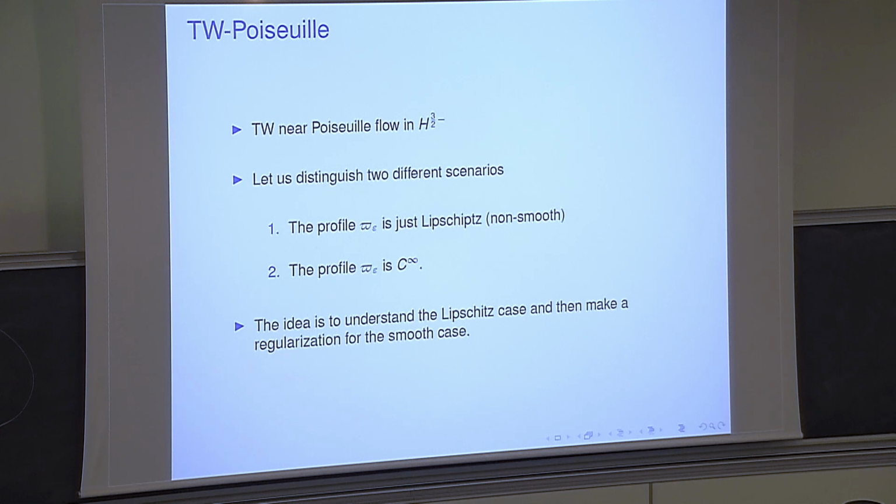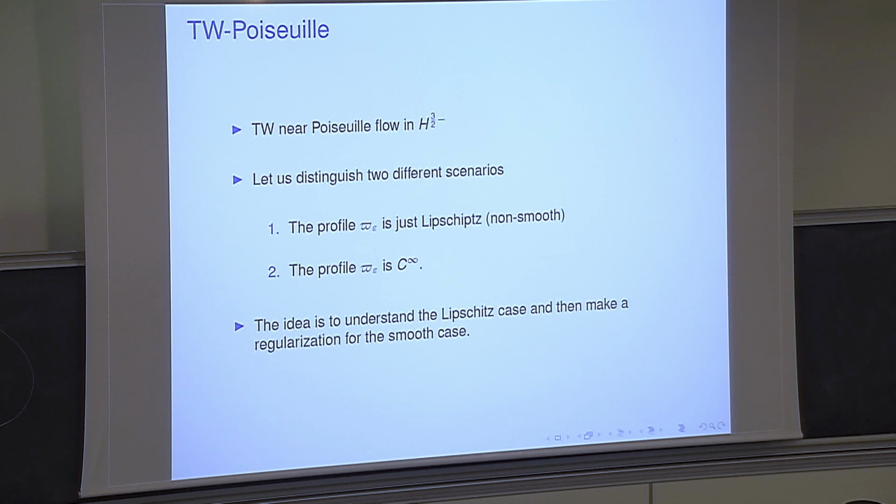We could not reach H^{3/2 plus} with this strategy. I don't know if there will be traveling wave solutions in a higher regularity space, but with this strategy, we think that we can prove existence in H^{3/2 minus}, but we cannot go further. We are quite sure about that.